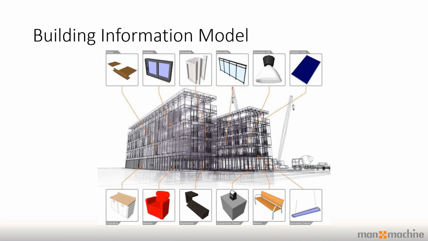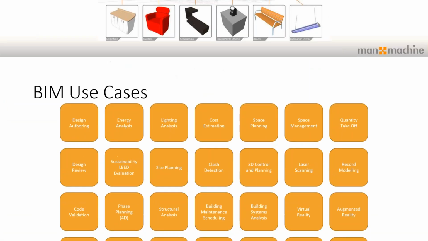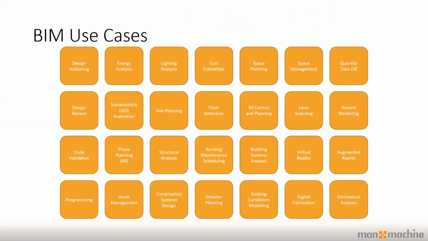We have a BIM model here, a building information model. And that model, as I've said, is used for a number of use cases. Those use cases are using the model to do something to your benefit. That could be as simple as using the model to automatically generate my sheets and my drawings.